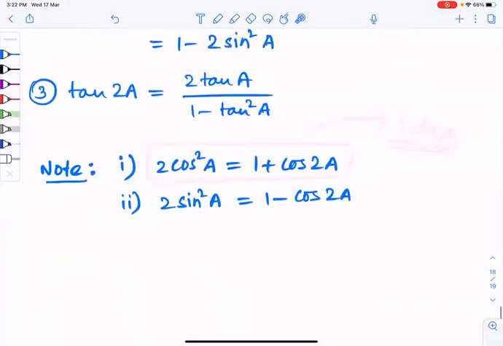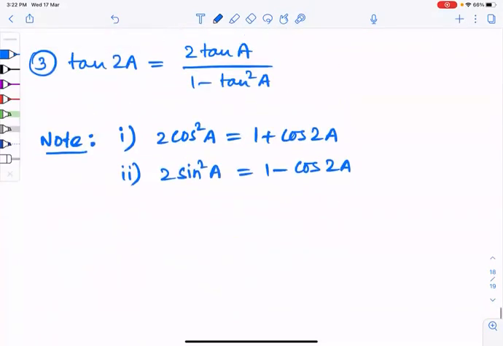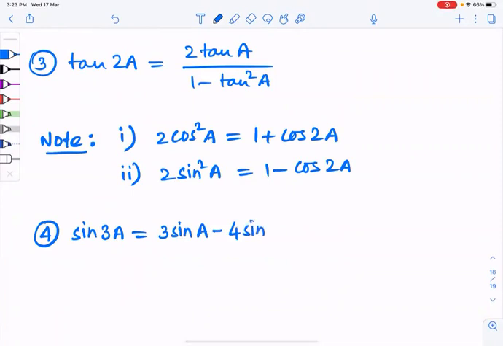Now, you can have this type of formulas also. Say, sin 3a, formula for that is 3 sin a minus 4 sin cube a.